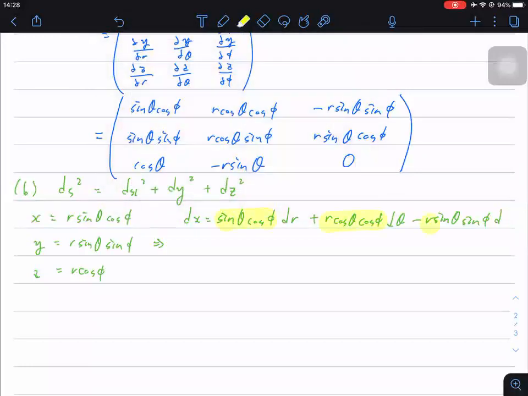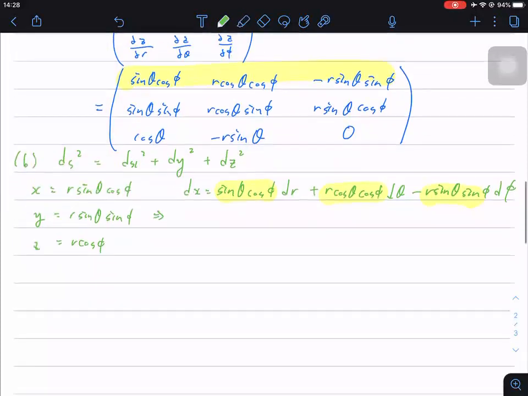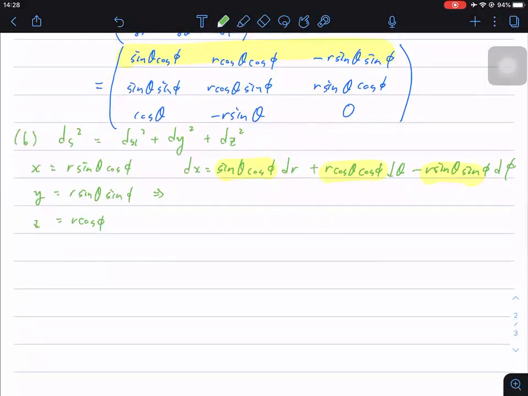These are just the elements in the transformation matrix we have calculated. So this row represents this row. So how about we just use the index notation to do the calculation.